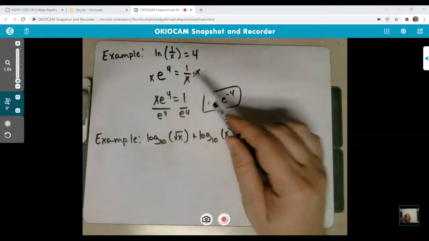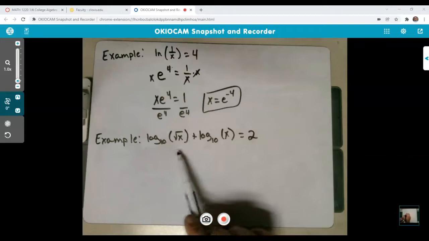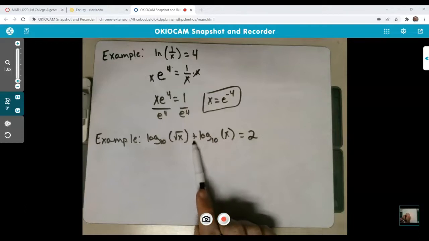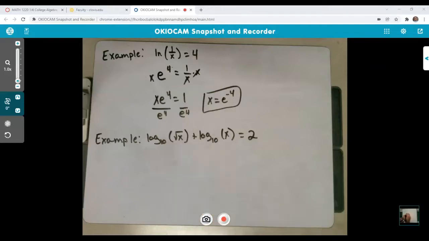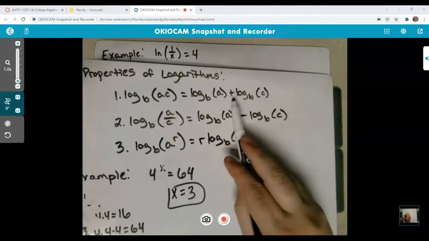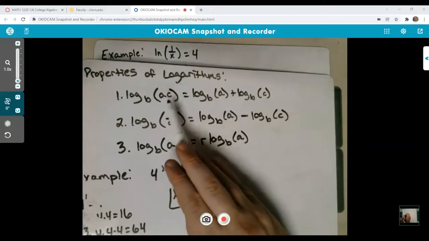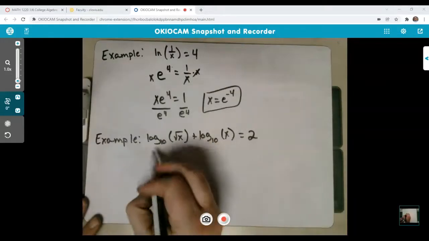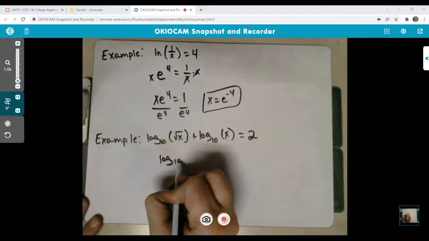In order to do what I did up here, I need only 1 log over here. Since I have 2 logarithms and I'm saying plus, I can use one of our logarithm rules, where whenever I have plus, I can do that when I'm multiplying in here, right? So using that idea, I can rewrite this as 1 logarithm and multiply.